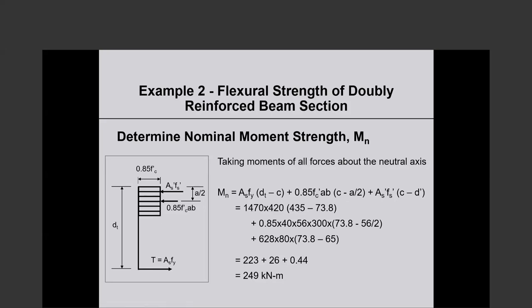Okay, I do want to point out, this is interesting: the tensile steel is contributing 223 out of the 249 kilonewton meters of moment strength. The compression concrete is contributing 26 out of 249. And look at this, the compression reinforcement, 0.44 kilonewton meters out of 249. This is typically the case.